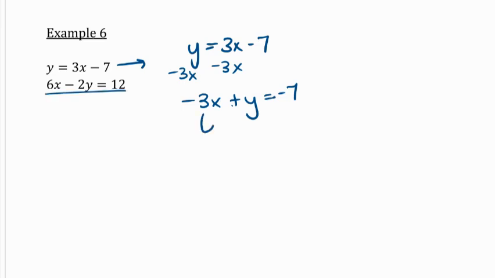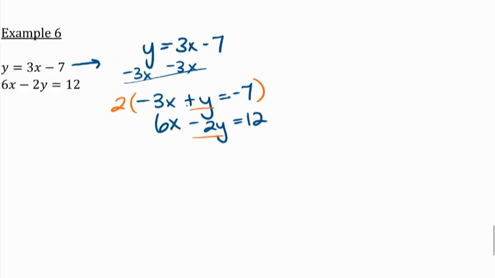So then underneath it, I can put 6x minus 2y equals 12. And now that all the different terms line up, right? So sometimes you have to kind of move things around to get those to match up. Now, if I finish this one, I'm going to multiply this top one by 2, because that way I can get a positive 2y and a negative 2y.